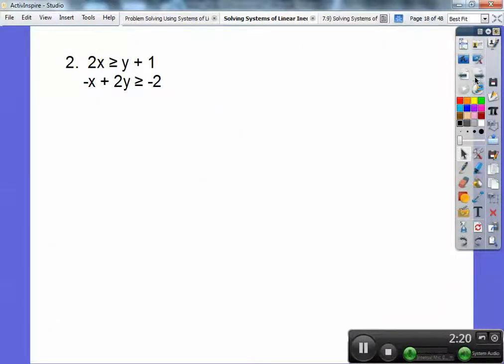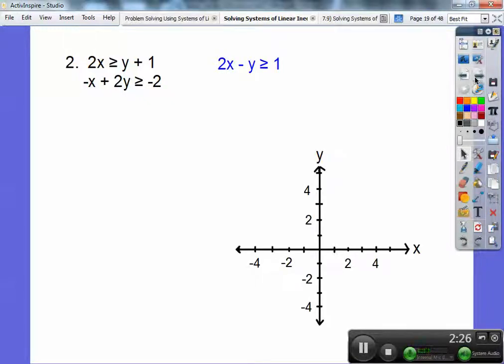Okay, so here I have 2x is greater than or equal to y plus 1. What I did was I subtracted y from both sides. So I did minus y, that's this blue part right here. Then I'm going to use the intercept method.